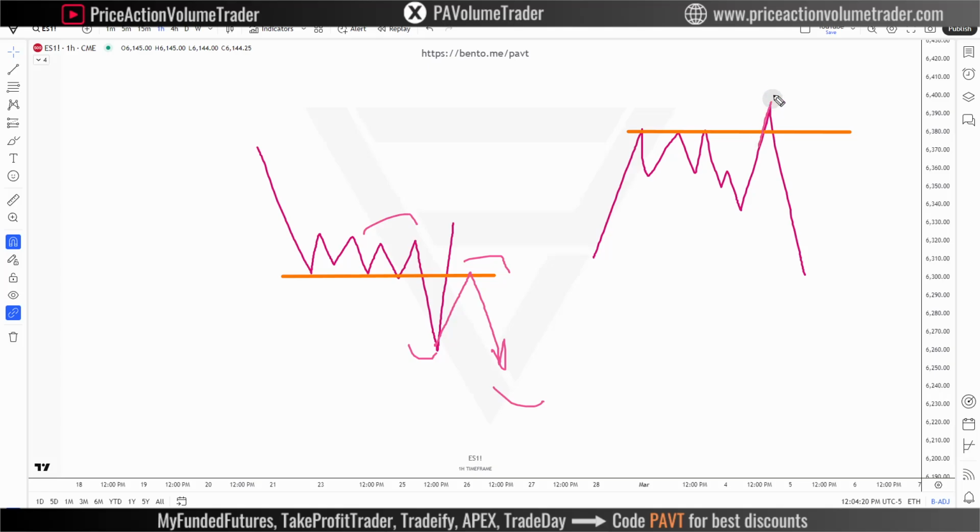Or in this case, we break out, test it as support, and we continue. So it's important to see that price is definitely accepting back beyond the level of the breakdown, what we would call the failed or false break.